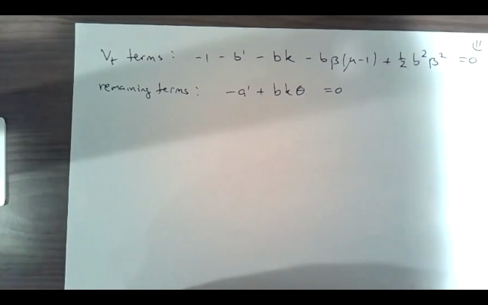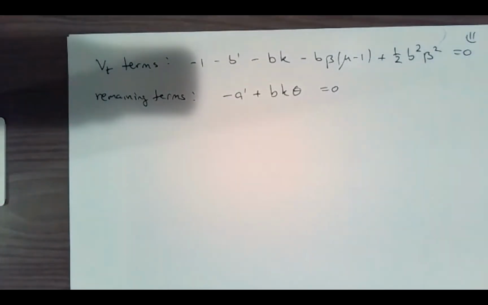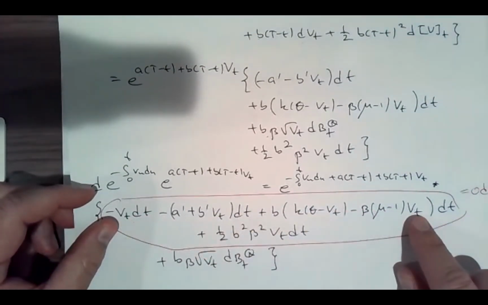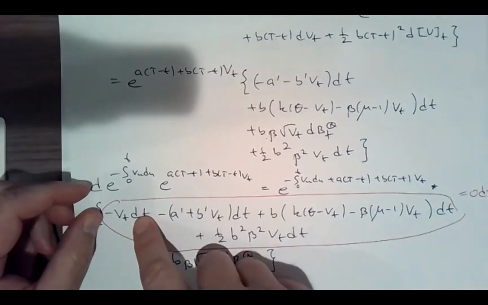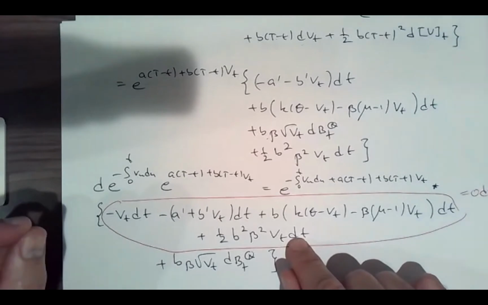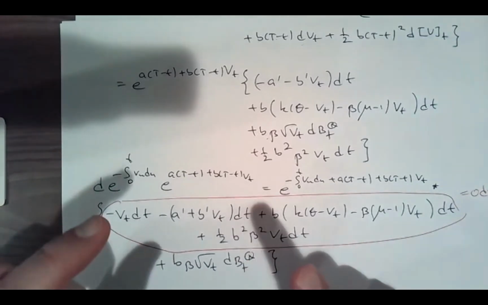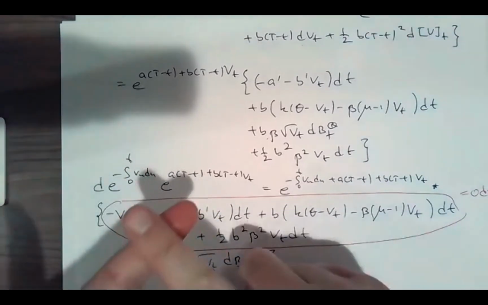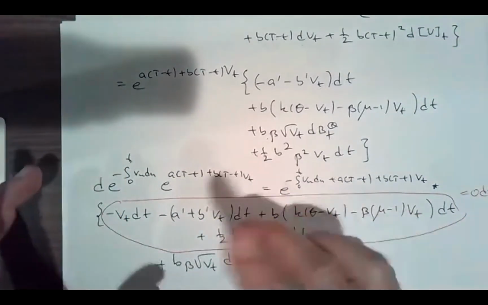why do the terms, so it's everything that's dt that goes to zero, that sums up to zero, right? It's all the terms. And so you can see that you have an affine function in front of dt, an affine function of v_t. If I want an affine function to be zero, it has to be the constant term, and it has to be the coefficient in front of v_t that must be zero. So I separate them out.